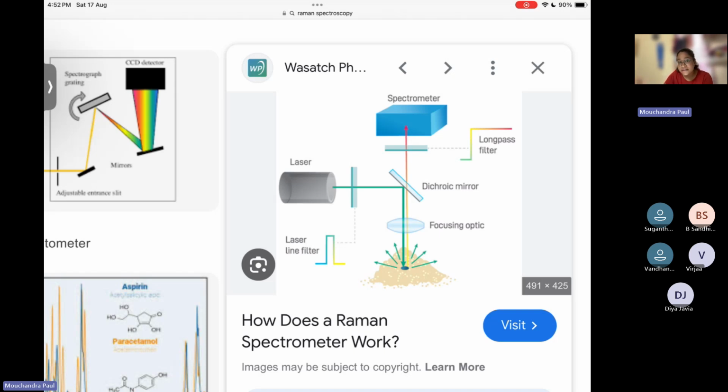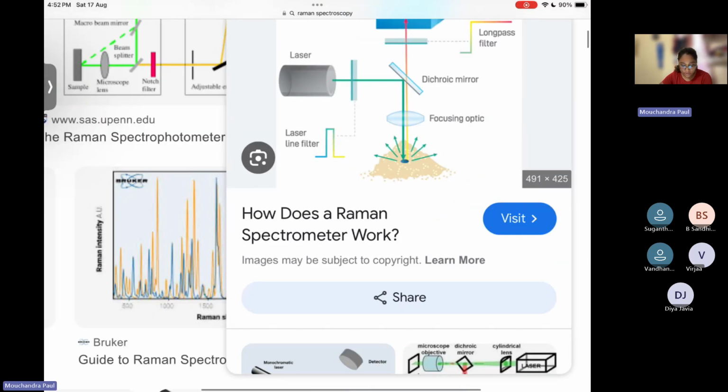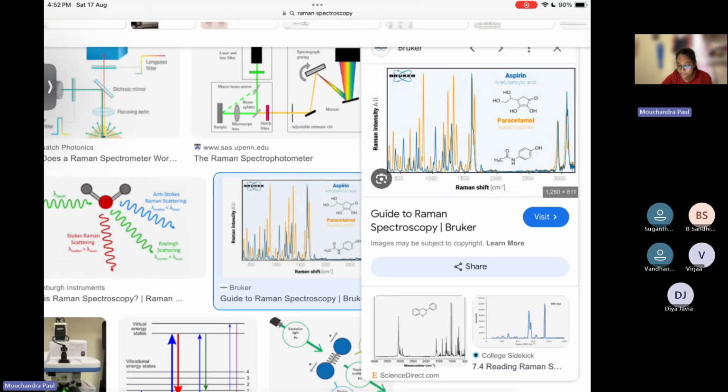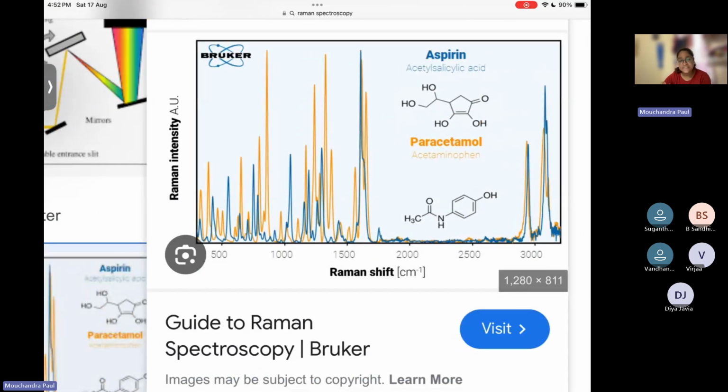So there's a detector that can actually capture the light that has scattered due to Raman scattering. And as a result, it can help you analyze what functional groups are present in your compound. So it gives a spectrum like this, called a Raman spectrum, similar to the FTIR spectrum that I showed previously. So this is a Raman spectrum for paracetamol as well as aspirin.